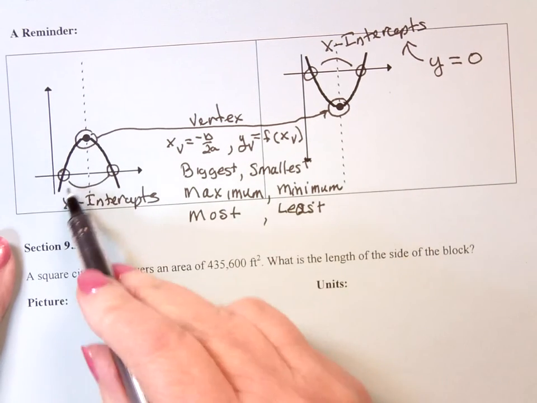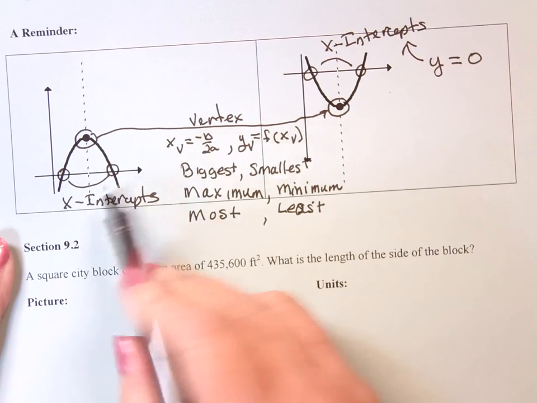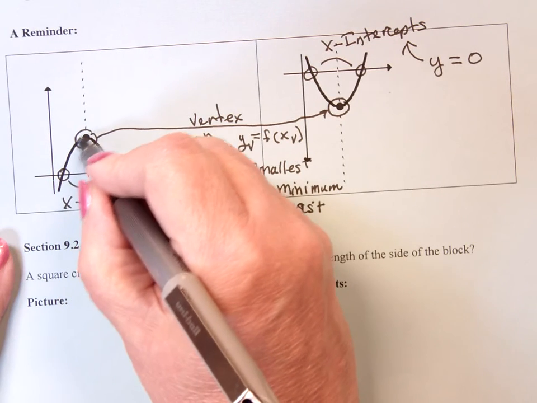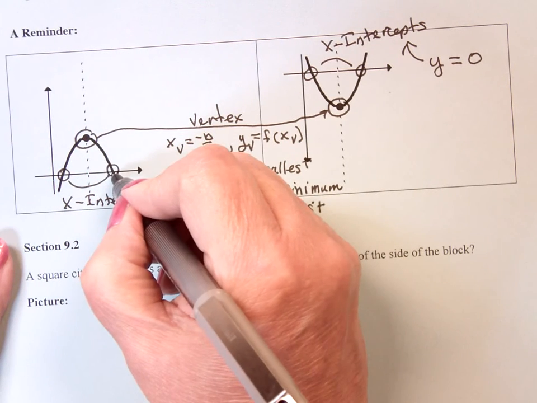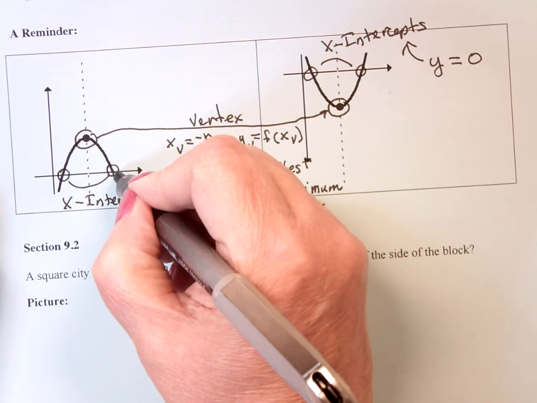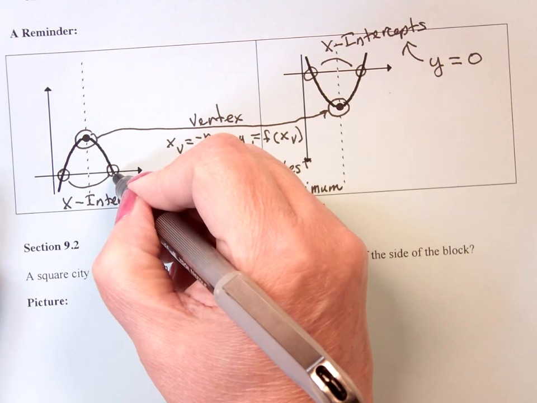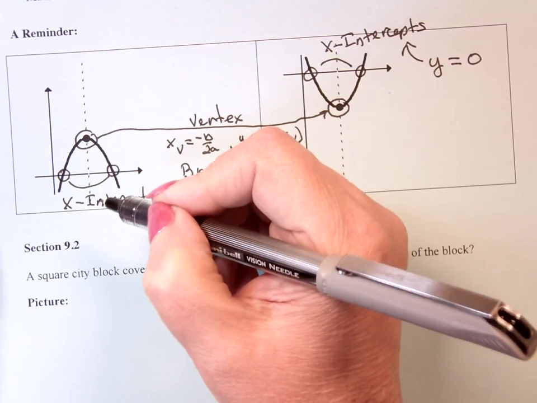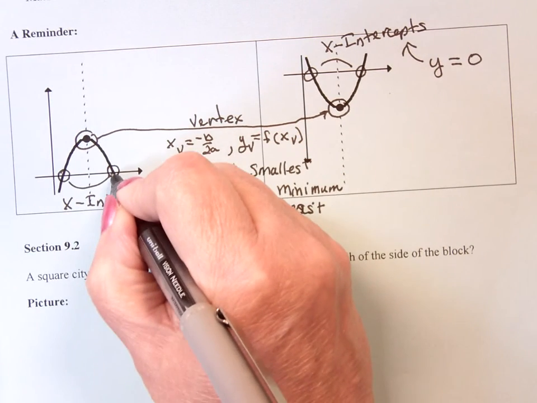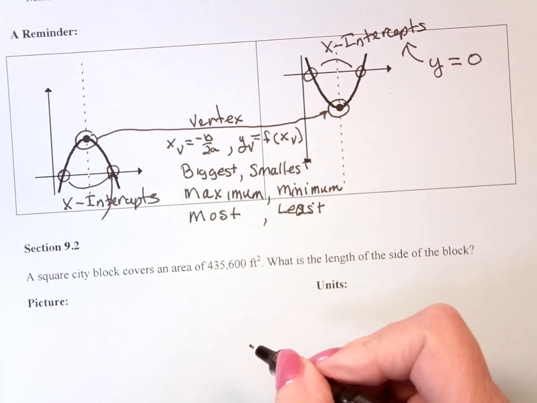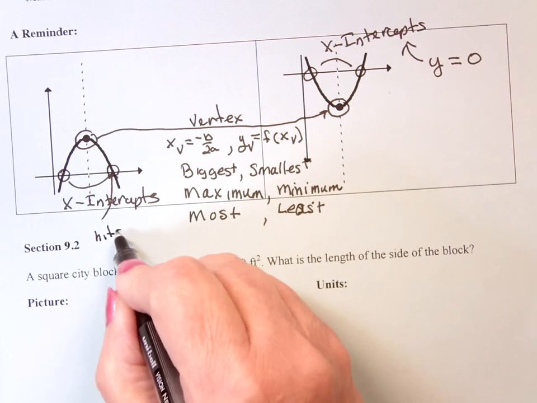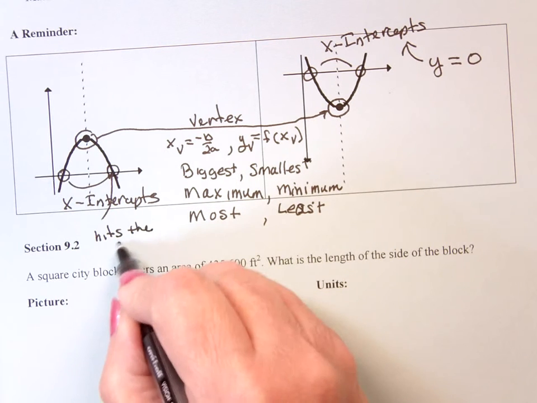If it's this configuration right here, and this is where I'm standing, I shoot an arrow up into the air, it falls to earth. Since it fell to earth, and since I'm an intermediate algebra student, I can calculate where. And where is the x-intercept? This is where the arrow hits the ground.